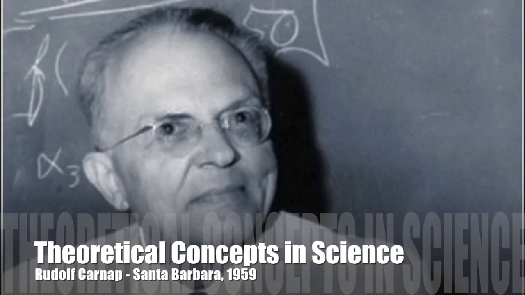Then on the right-hand side, we have those sentences which contain as descriptive terms only theoretical terms, and in the middle we have then mixed sentences. And the postulates which make out the theory, which constitute the theory, are partly theoretical sentences, and we call them T postulates, as for instance laws of theoretical physics, and partly mixed sentences or correspondence postulates, preferably C postulates, which are mixed sentences because they contain both theoretical terms and observation terms.